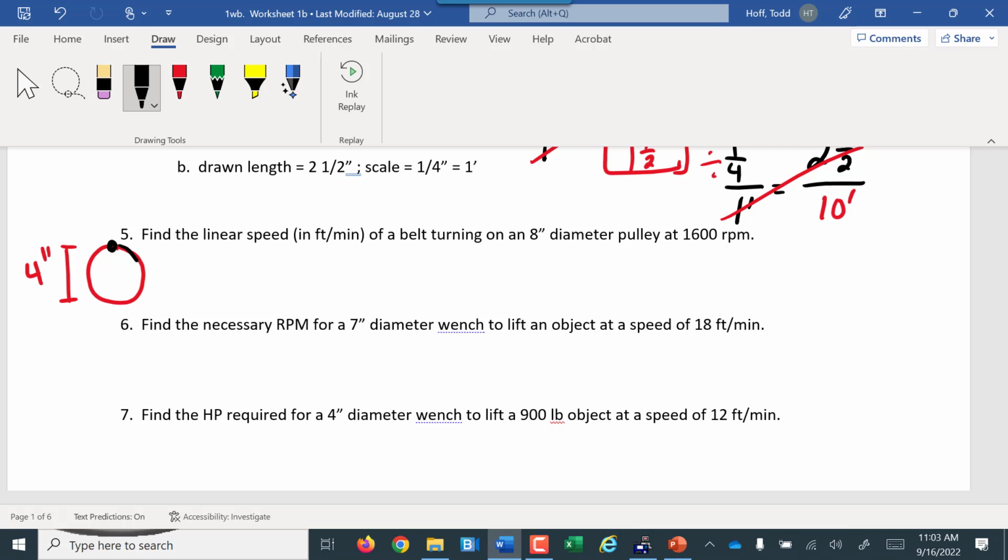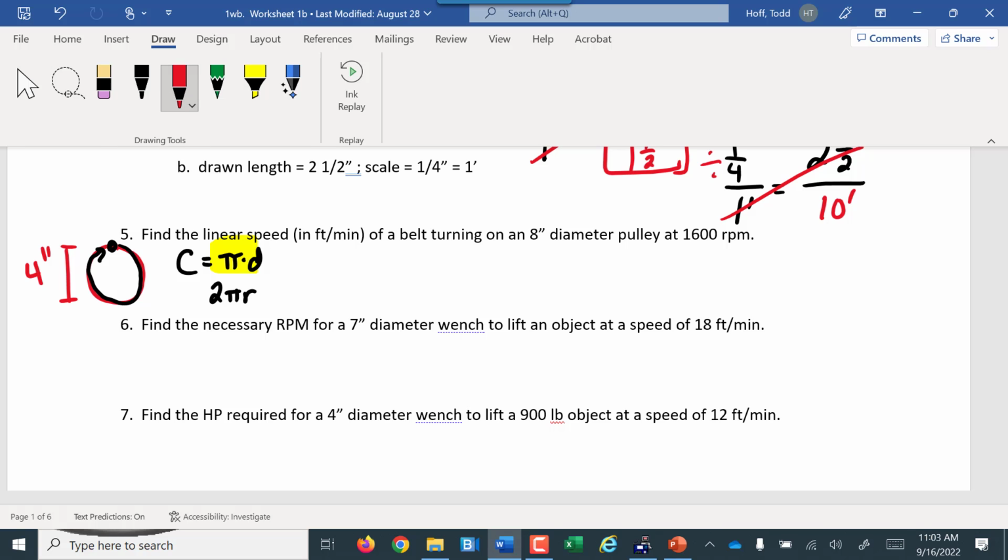Well, first we look at one rotation of the pulley, or in other words, the circumference of the circle. Anybody remember the formula for circumference of the circle? Pi times diameter, or 2 pi r. Either one works. Dealing with pulleys, we typically know the diameter, so we're going to use that top one.